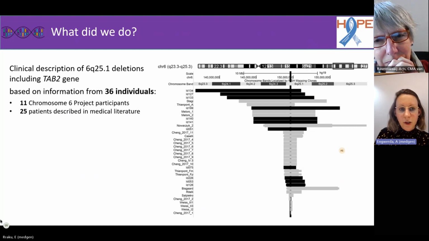In black are the deletions of the individuals from the Chromosome 6 project, and in gray are the deletions from the individuals previously described in the literature. And what you can see here as well is a black vertical bar, and this is the place where the TAP2 gene is. So you can see this gene is involved in all these deletions, also in these very small deletions.